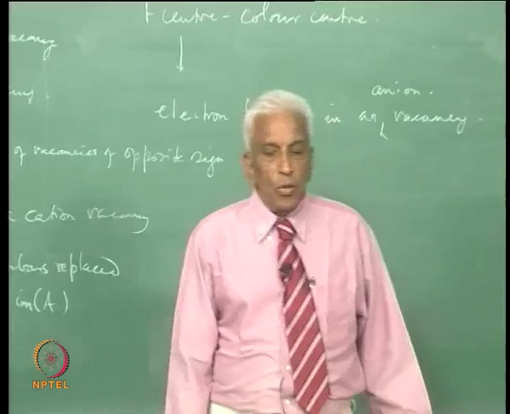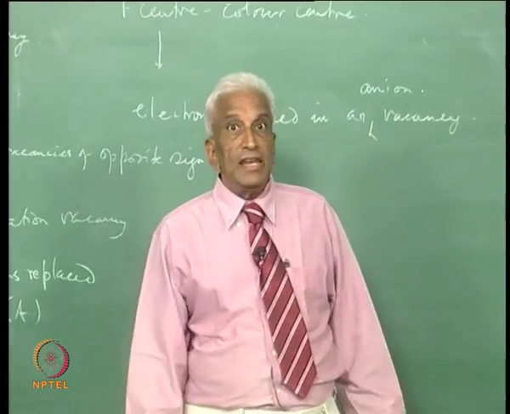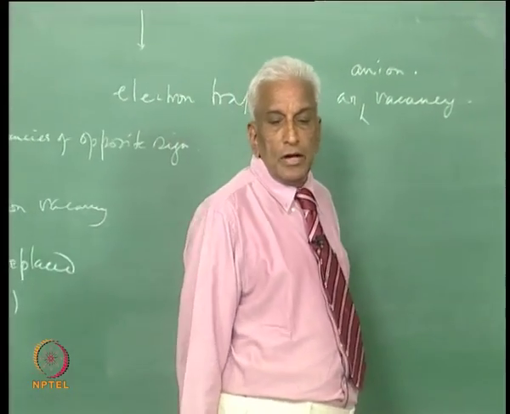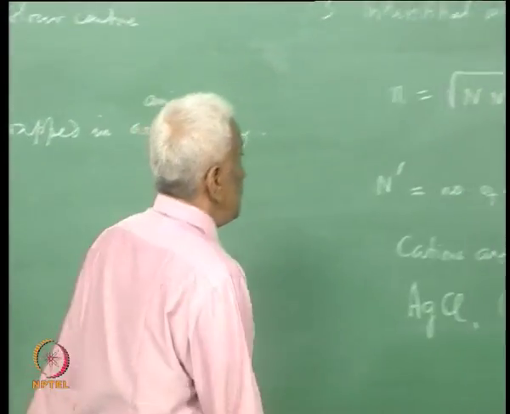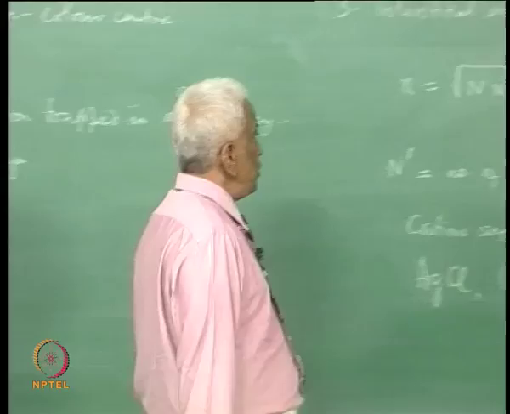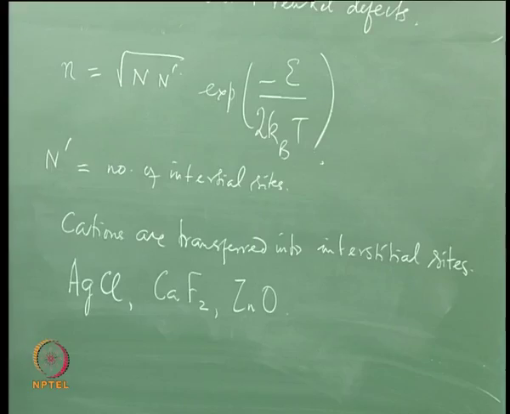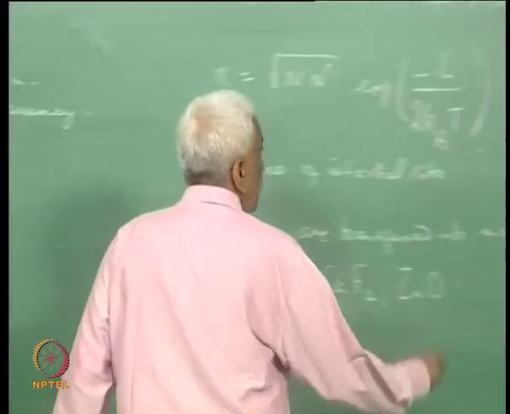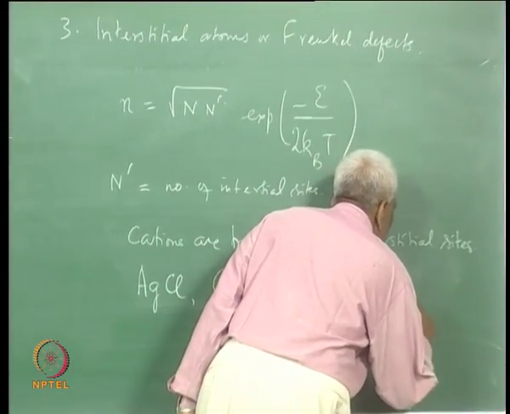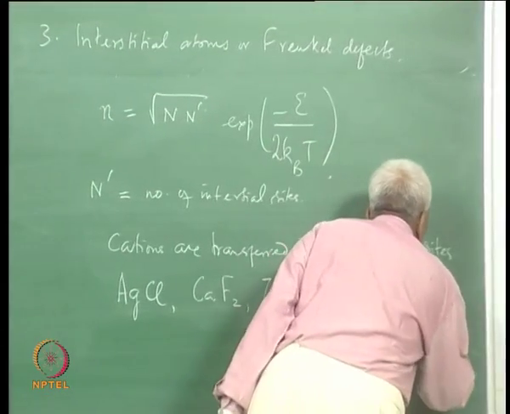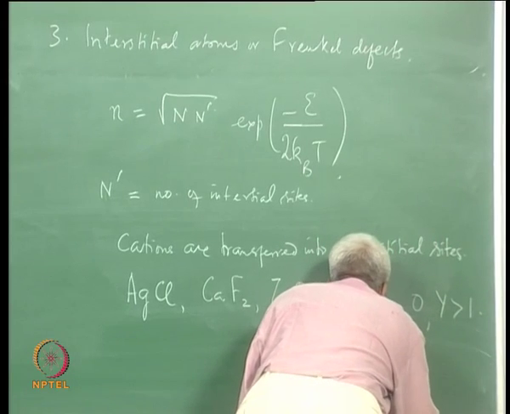These are created while growing the crystal when the molecular formula does not conform to the stoichiometric ratio. So, for example, in zinc oxide there is one zinc ion for every oxygen ion, that is stoichiometric ratio. During the growth of the crystal, suppose the molecular formula becomes ZnYO, where Y is greater than 1, then it is non-stoichiometric.